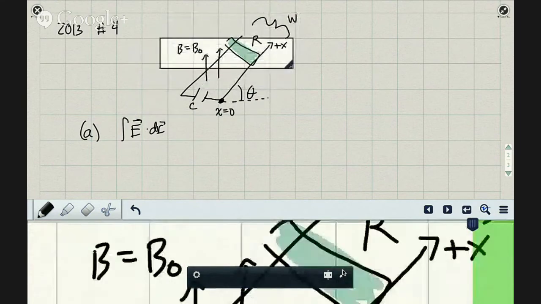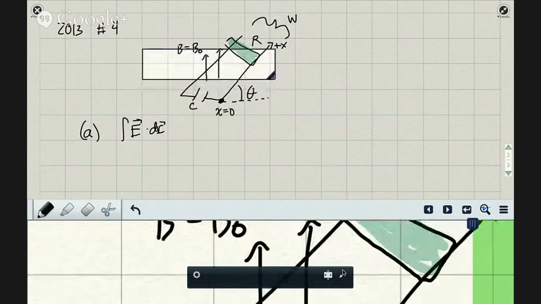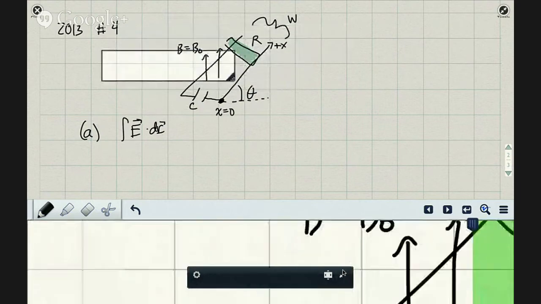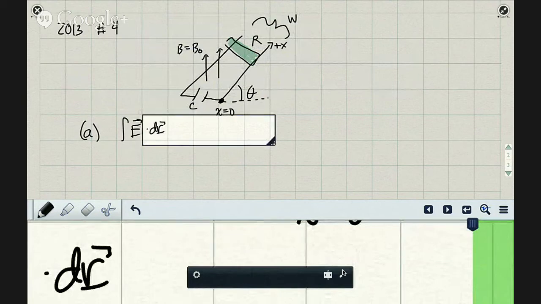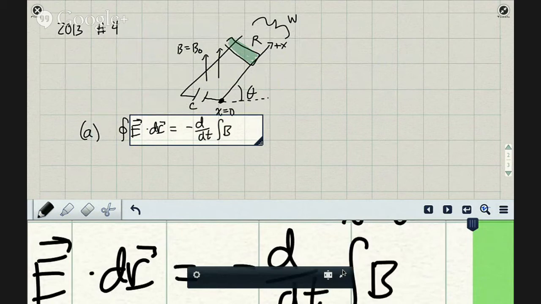And as this bar slides down, that area shrinks, and we have a changing magnetic flux through the area since it's getting less magnetic field. So this magnetic field B is uniform everywhere. It's sticking up everywhere. Okay. So this is the only law which captures those physics. So this is the only law we can use. Faraday's law, the integral of B dot ds. Okay. That's what we want to solve.